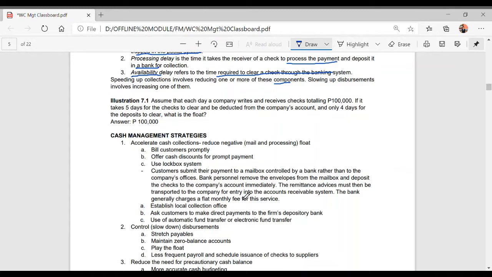So 5 days to clear and deducted, and then 4 days para ma-deposit. So, the float would be, ang iyahang difference would be 5, and then 4 days, there's 1 day difference. So, therefore, ang amount of float is equivalent to the 1 day nga delay or 1 day nga float, which is 100,000.